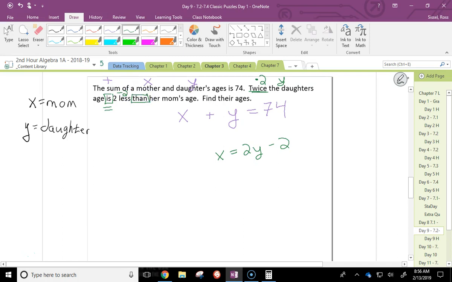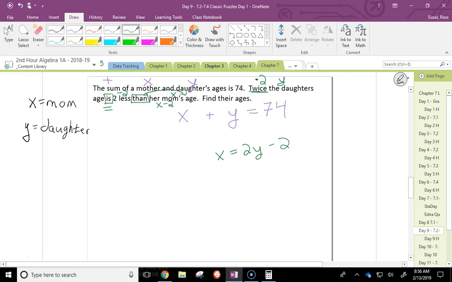Then means after. And mom's age is X. So I should have X minus 2.